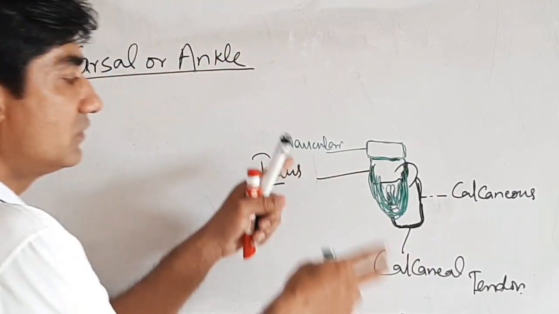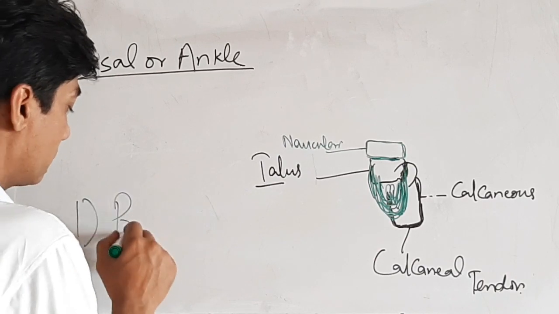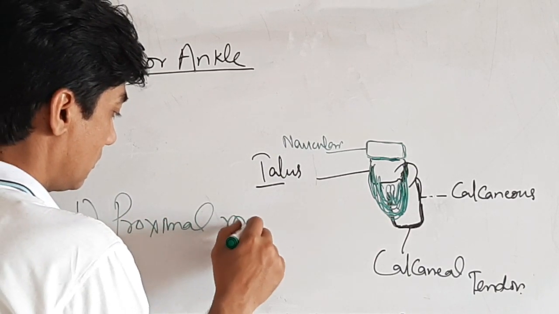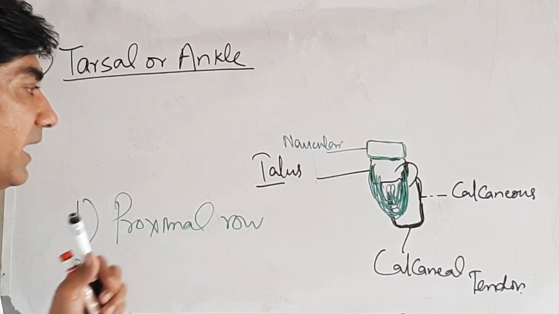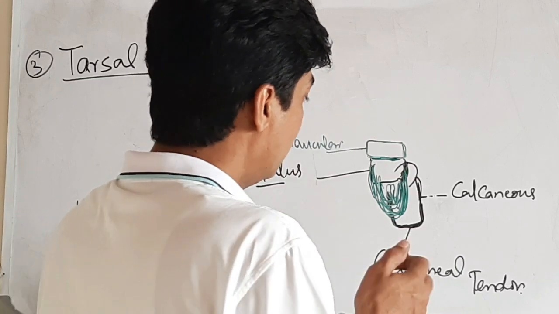These three bones are arranged in the proximal row. And the rest of the four bones we will discuss.